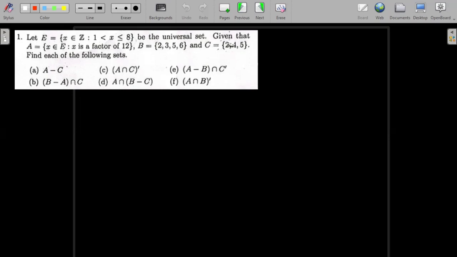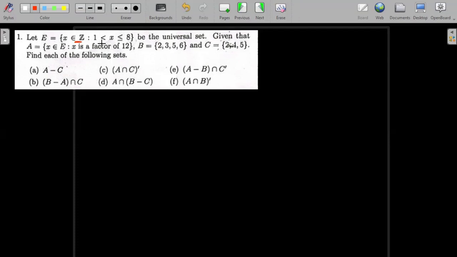So question one reads, let E be the universal set. So I'm saying let E be the universal set, and that E should equal the set of X, a member of the integers, as you can see here.